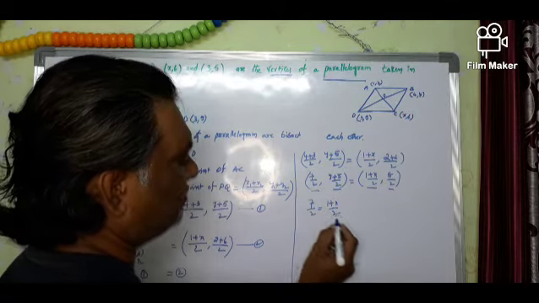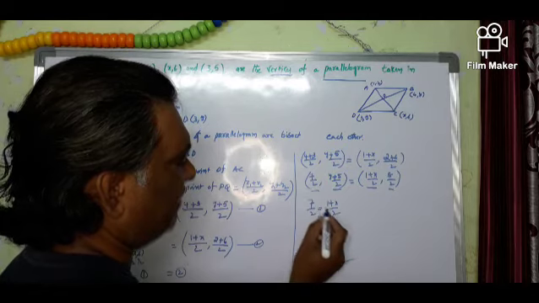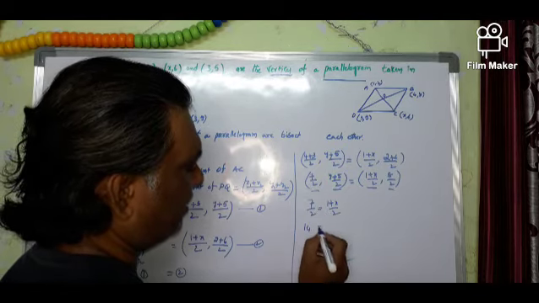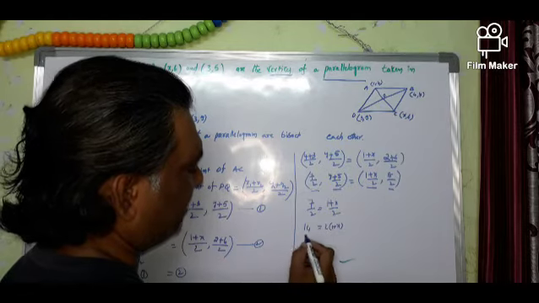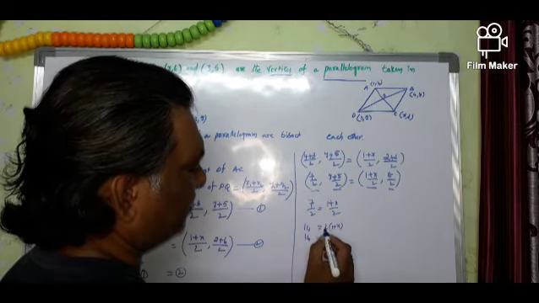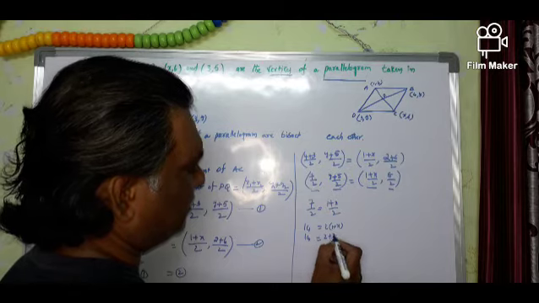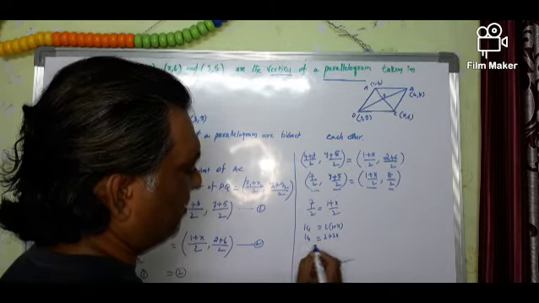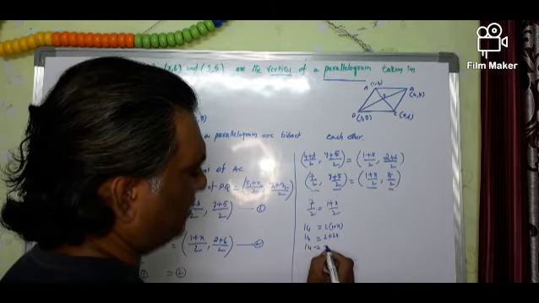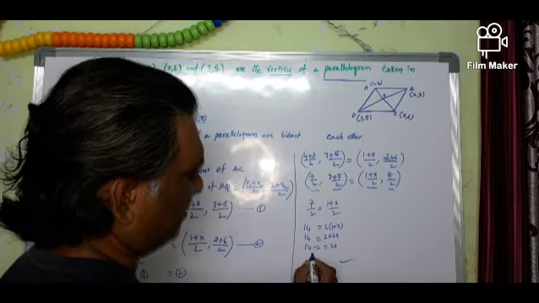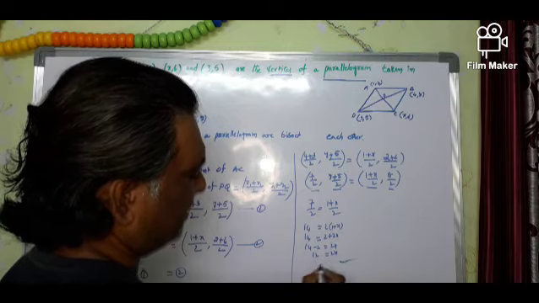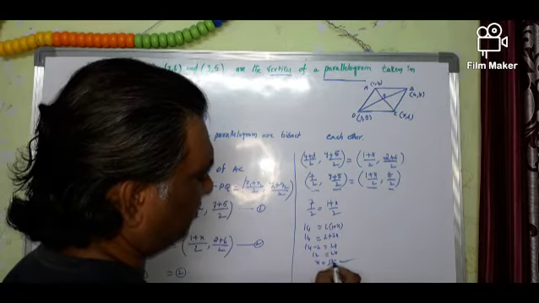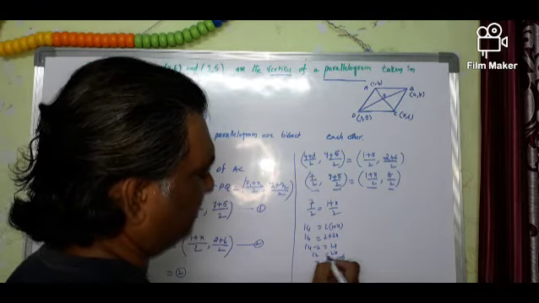Now cross multiply: 7 into 2 is 14, and 2 into (1 plus x), so 14 is equal to 2 plus 2x. 14 minus 2 is equal to 2x, so 12 is equal to 2x. x is equal to 12 by 2, that is 6.